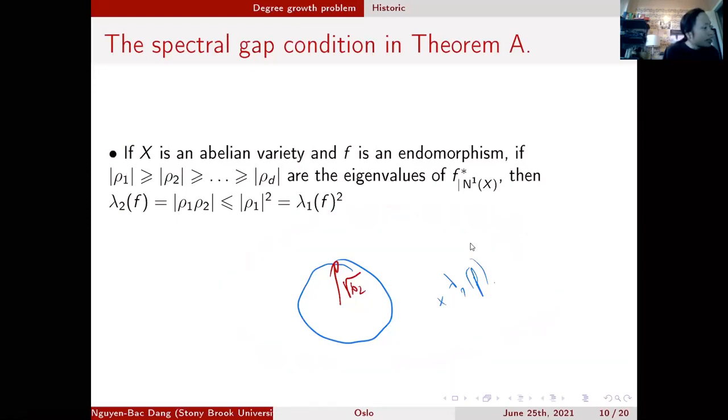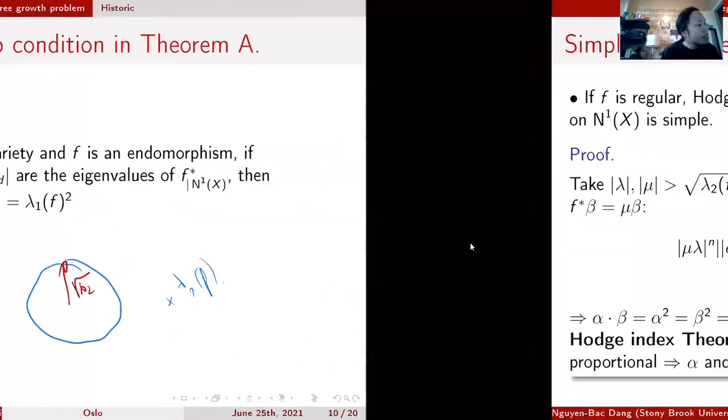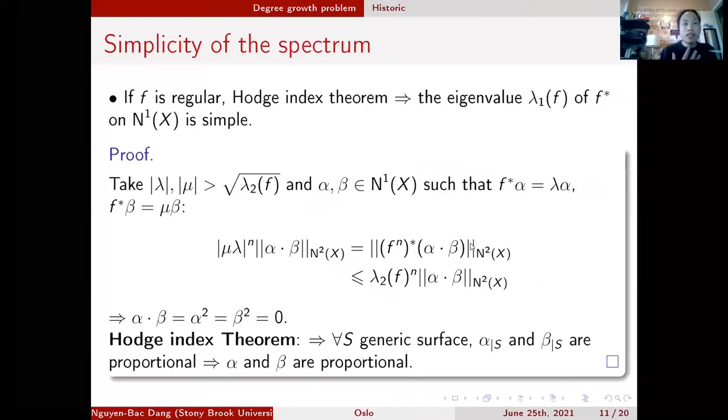Even more, in this case the eigenvalue lambda 1 will be simple, so you have a unique eigenvector for the eigenvalue lambda 1. Let me tell you a very complicated argument to show this, and it comes from the Hodge index theorem. Let me assume here that F is regular, and with the Hodge index theorem, lambda 1 of F, the eigenvalue, will be simple.